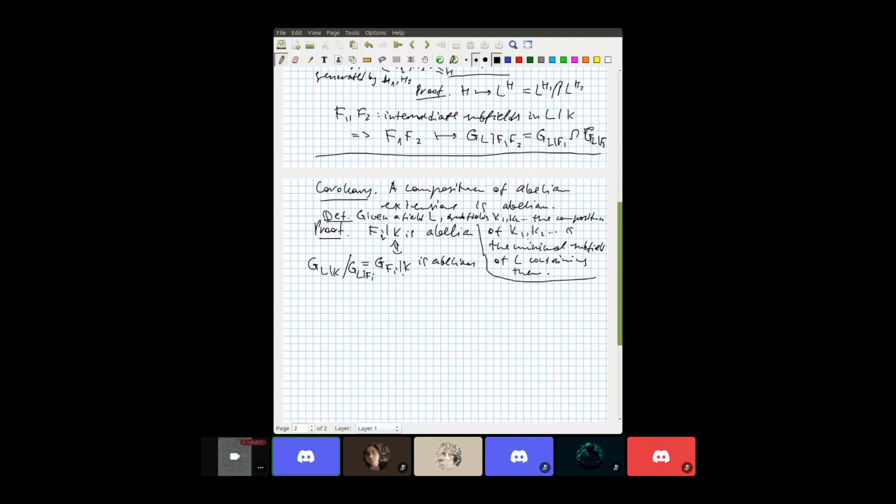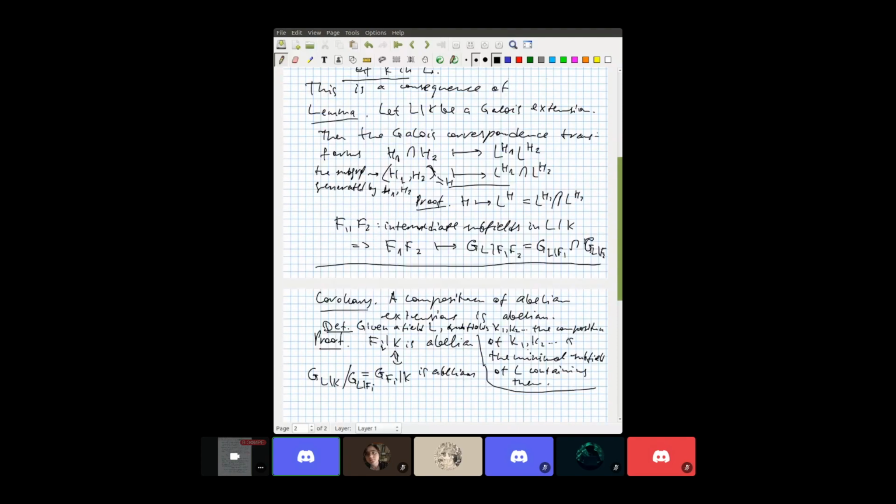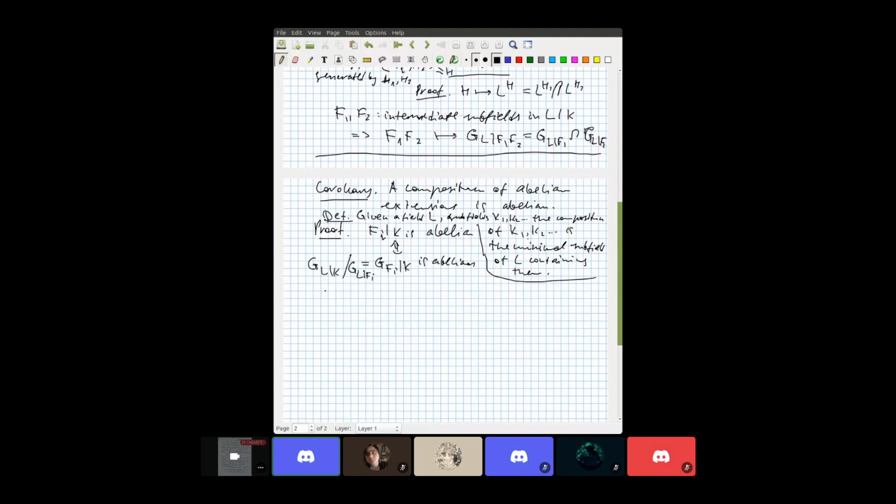So what can we say about the Galois group of the compositum? By this lemma, we know that the Galois group of the compositum F1, F2, and so on, over K is the quotient of G(L over K) by the Galois group over the compositum.